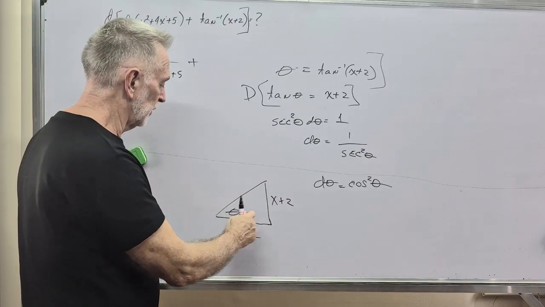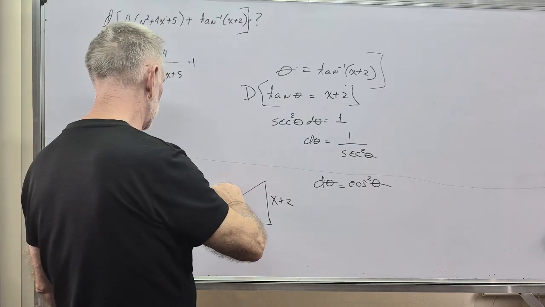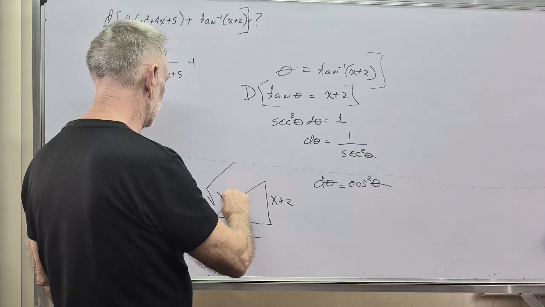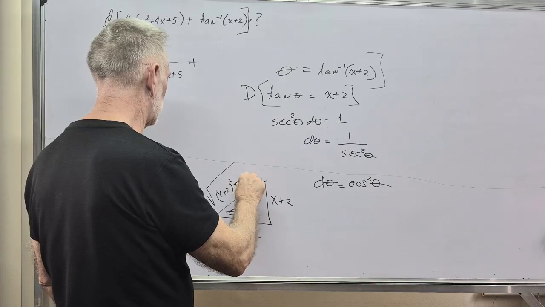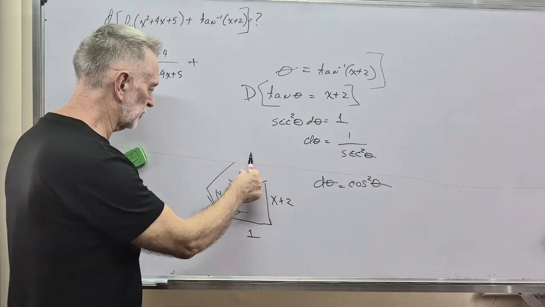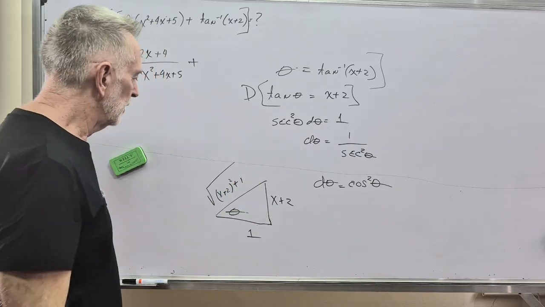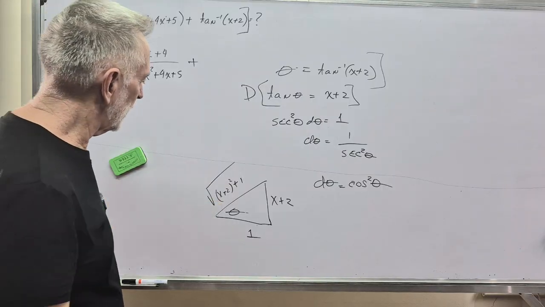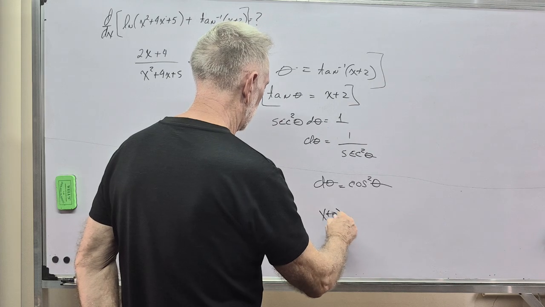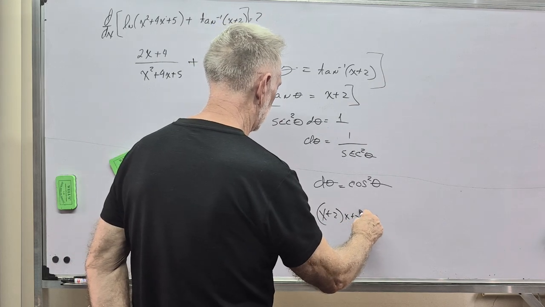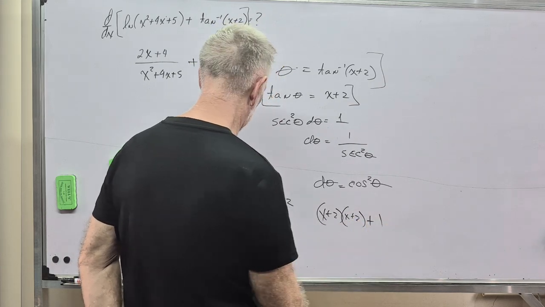That's tangent. So that means that this side is the square root of x plus 2 squared plus 1 squared. And 1 squared obviously is 1. Okay, let's go ahead and FOIL that out and see what we get. x plus 2 times x plus 2, and all that's plus 1.